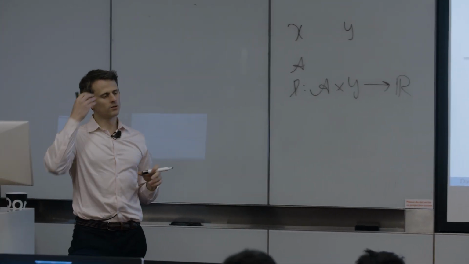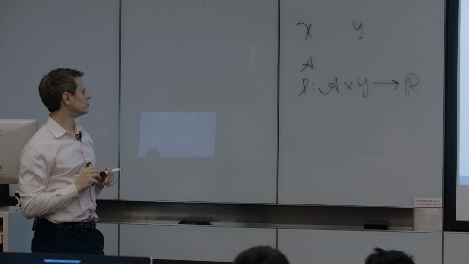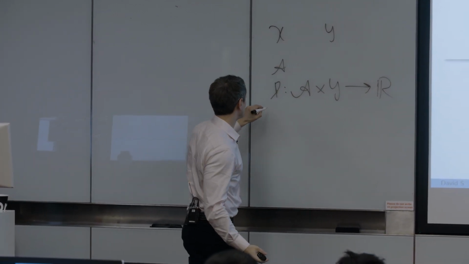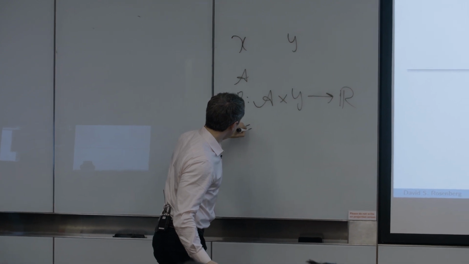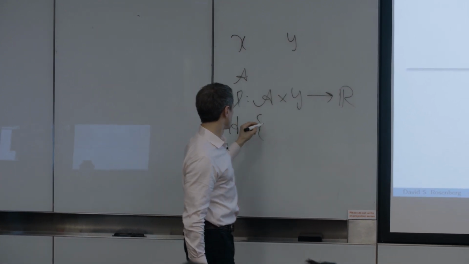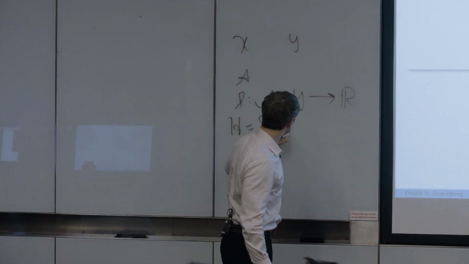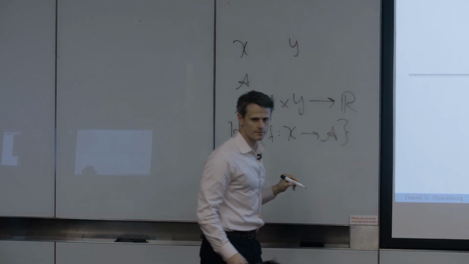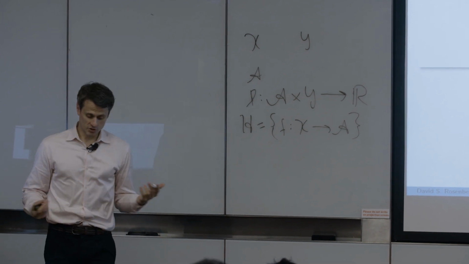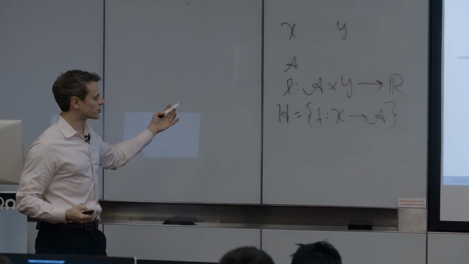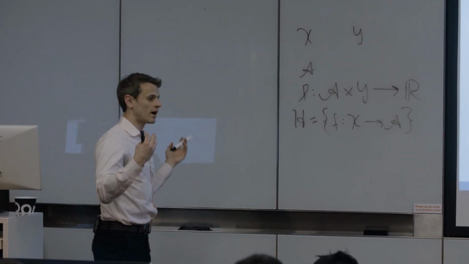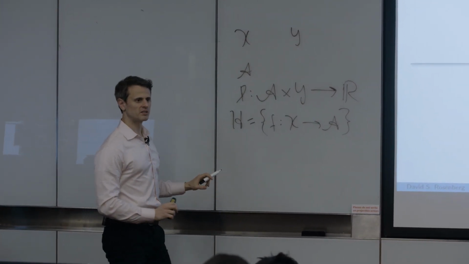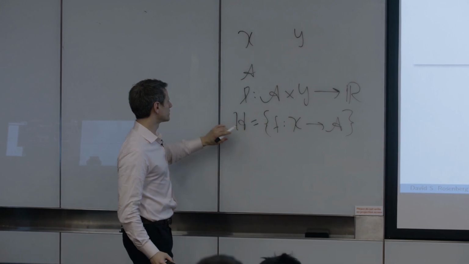And then we have one more piece, the hypothesis space. The hypothesis space is a set of functions mapping from input space to action space. And the machine learning problem is we need to find a function in our hypothesis space that does well with respect to the loss. And our most basic method for that was empirical risk minimization.